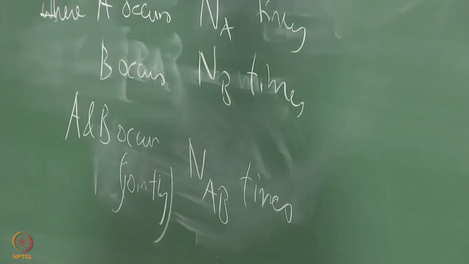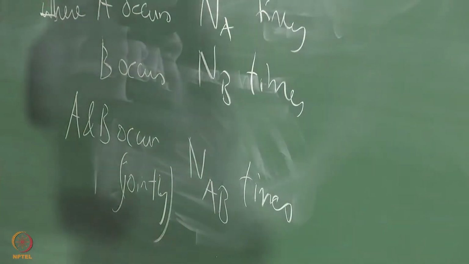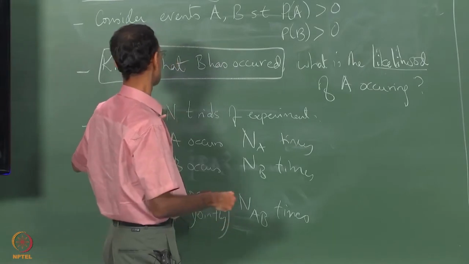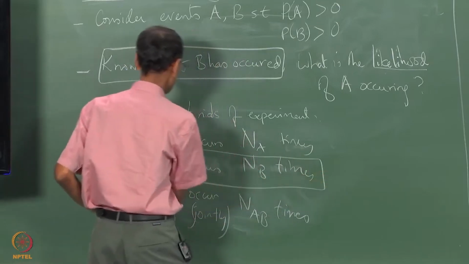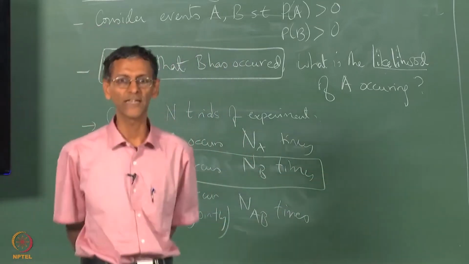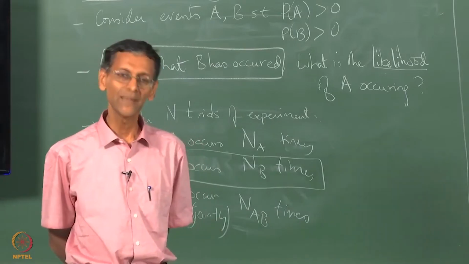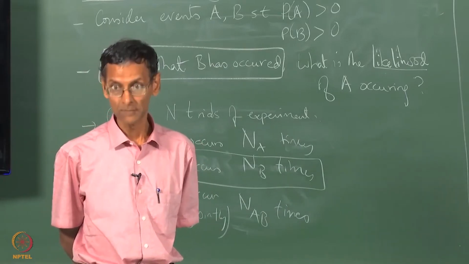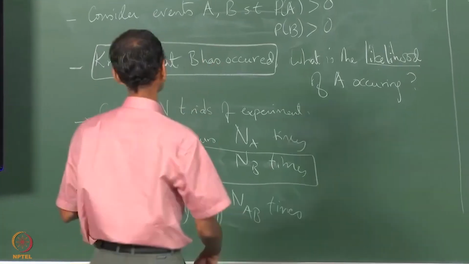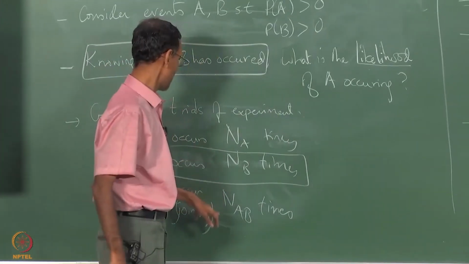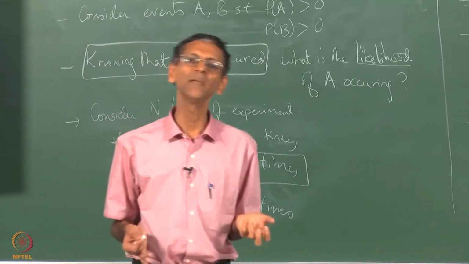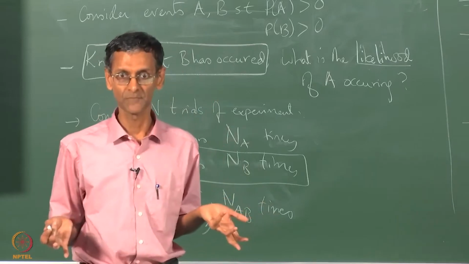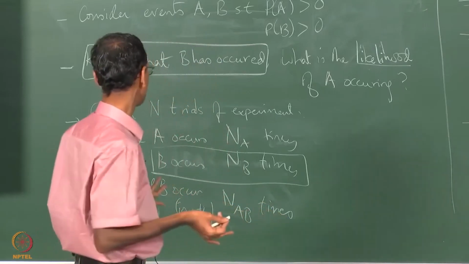So let us say you have collected this data. You are not interested anymore in the absolute probability of A. Given B, you are only going to focus your attention on those NB occurrences of B. In this subsequence, NAB is the number of times that A also occurs. So NAB is clearly upper bounded by NB; there is no way that NAB can exceed NB.